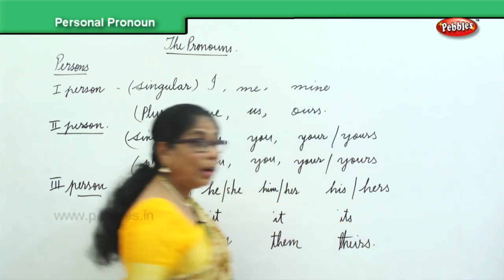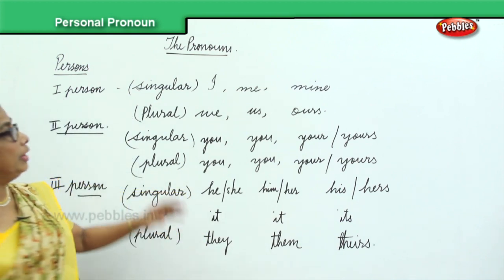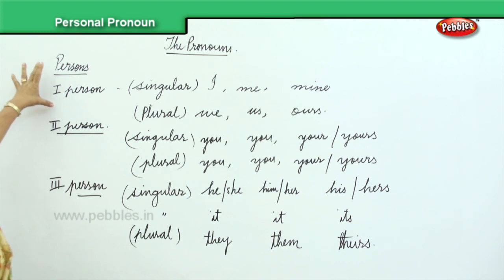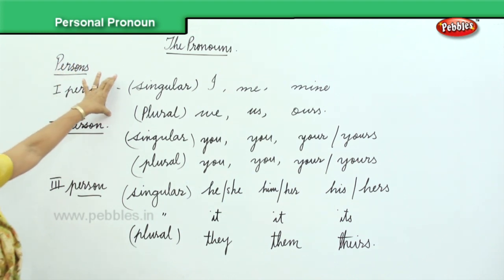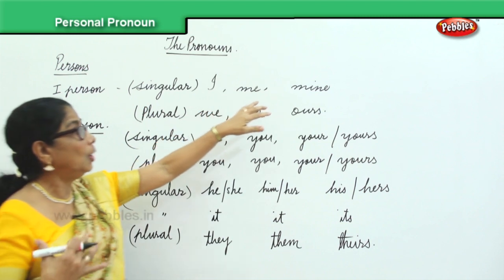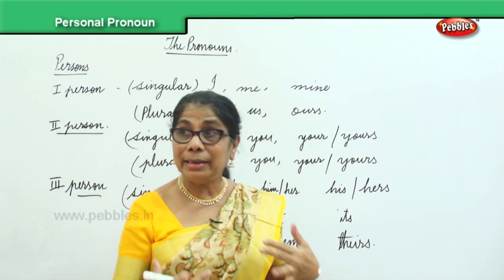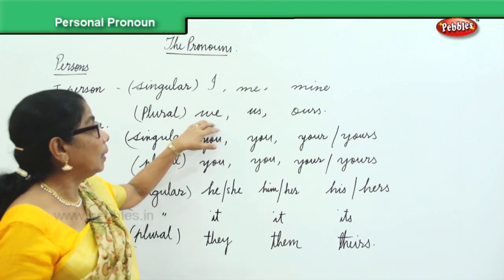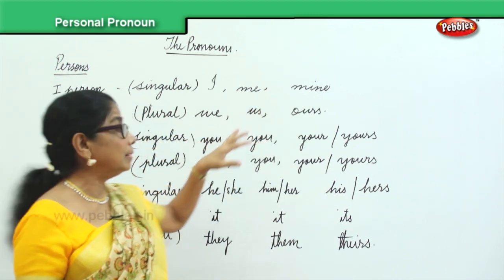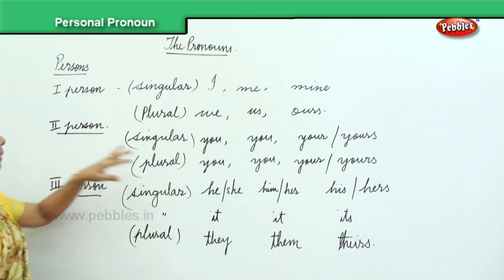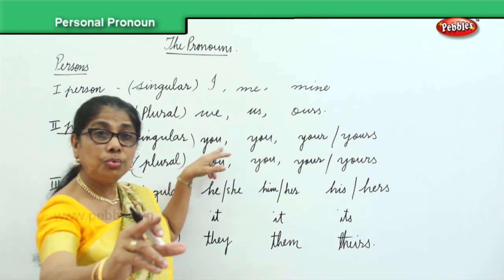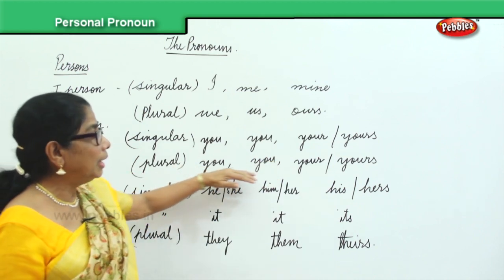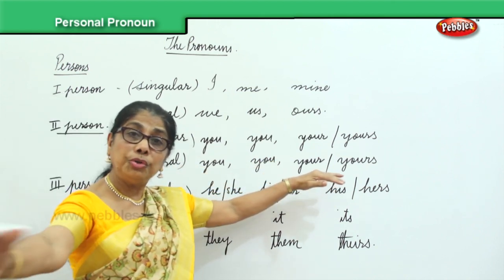These are all words, but when we do this in the sentence, you will understand better. In the personal pronoun, first person singular we say I, me, this book is mine, and things like that. In the plural, we say we, us, ours. In the second person singular, you, yours; plural form, again, your, yours.